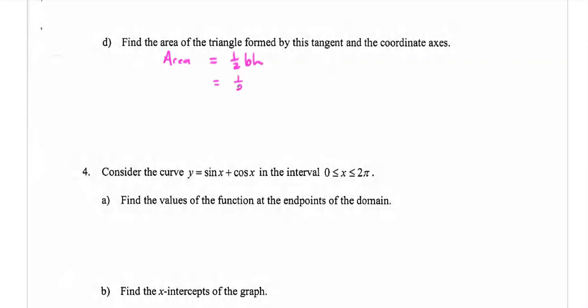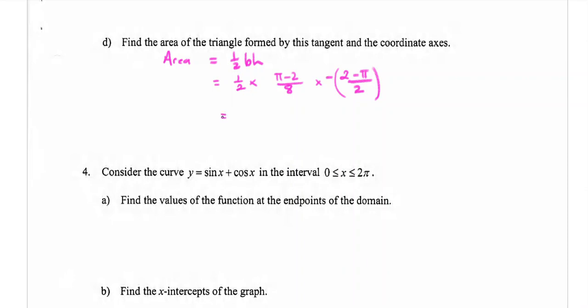So half times my base, the pi minus 2 all over 8, and then I want to times that by the height, which was the 2 minus pi over 2. But because I know that's negative, I'm going to put a minus sign in front of it so that that's actually a positive number, because we just want the length of it, not the direction of it. And that's what I want to find.